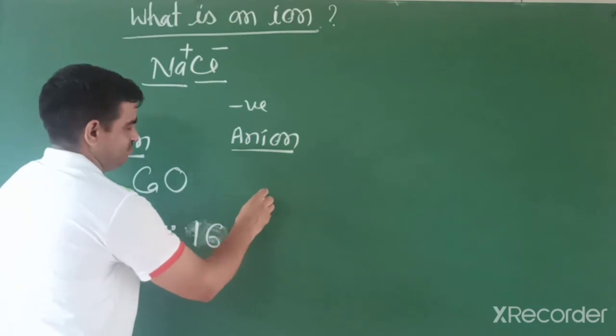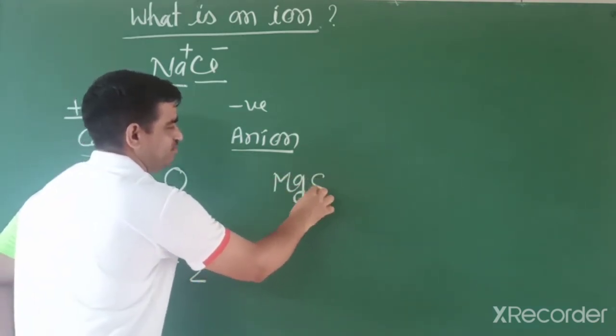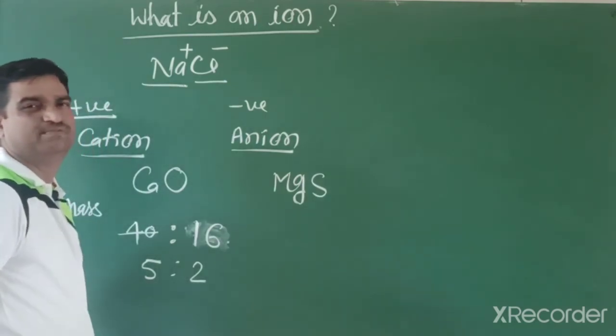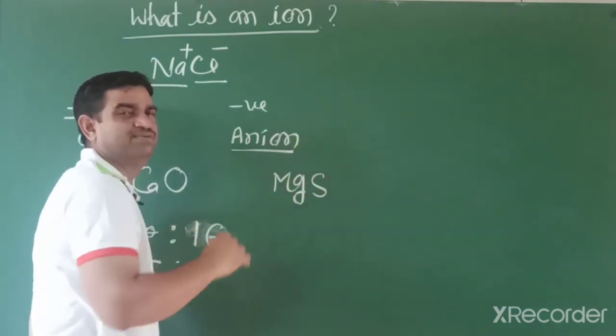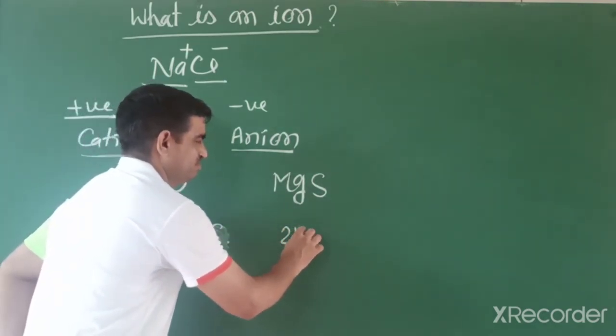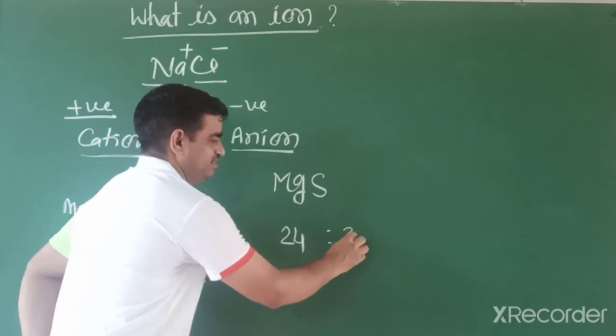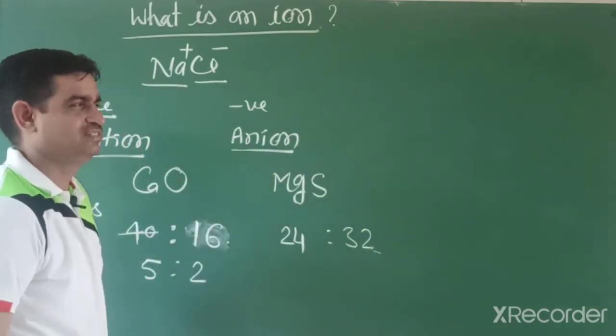Another one we can find is the magnesium sulfide formula. The two elements are magnesium, positively charged, and sulfur as sulfide, negatively charged. We know magnesium mass is 24 and sulfur mass is 32. The atomic masses are already given in your NCERT book.